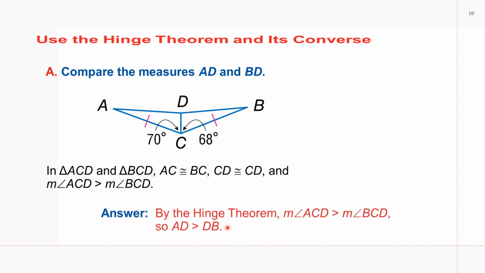Now, by the Hinge theorem, the measure of angle ACD is less than the measure of angle BCD, so therefore AD is less than BD. That's why the angle here, which is 70, is greater than 68. So it's greater than.